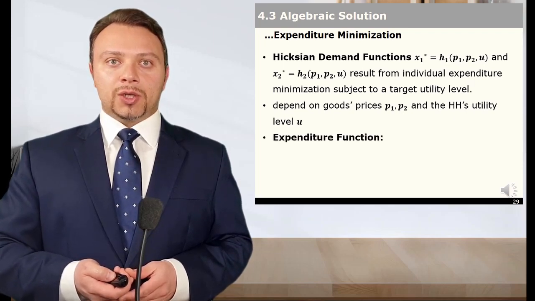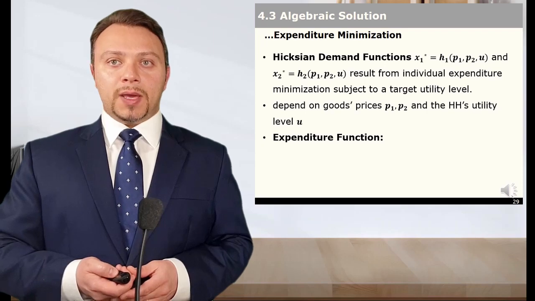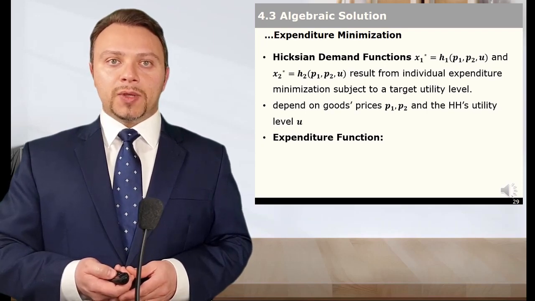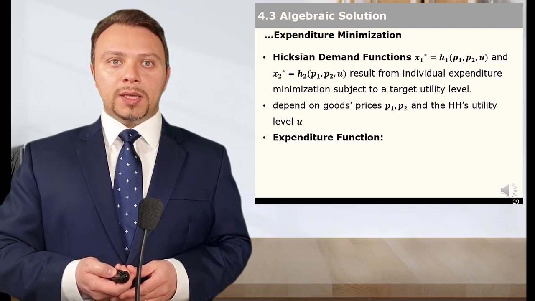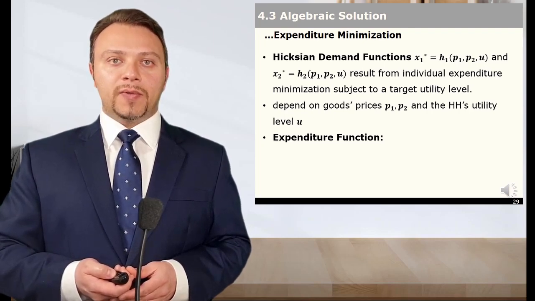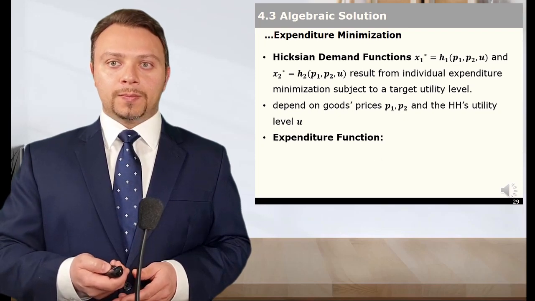The expenditure function can be computed from the Hicksian demand functions. For this purpose, we just take our budget equation and plug in the Hicksian demand functions instead of x1 and x2.